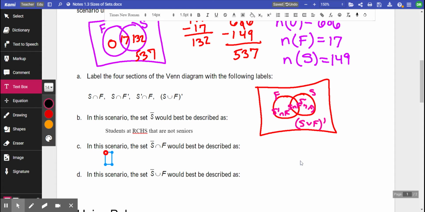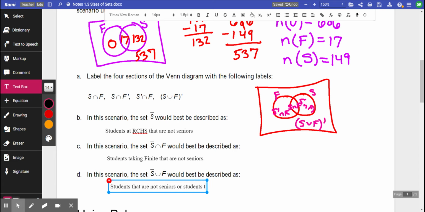That would be your students taking finite that are not seniors. So some years I have that, some years I don't. This is a year that I don't. S not or F. So the only thing I changed was or. So that means they could be students that are not seniors or students taking finite.